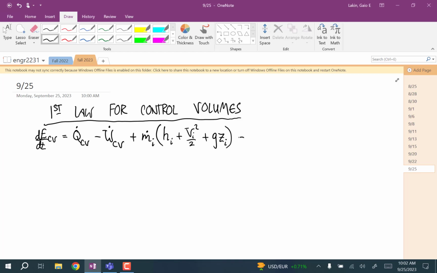And then minus m dot at the exit times the quantity h at the exit plus V squared at the exit over 2 plus g z at the exit. So there it is. That's the full form.